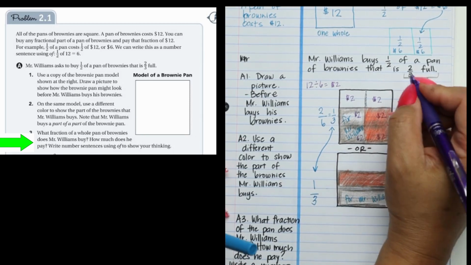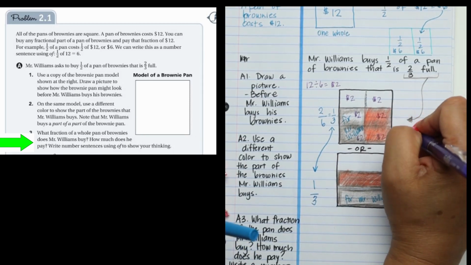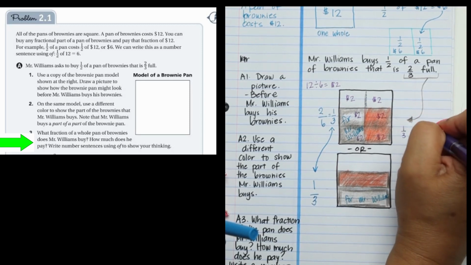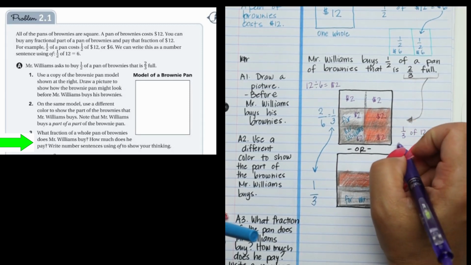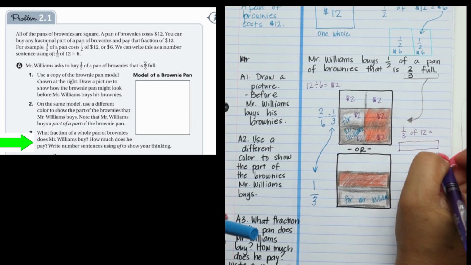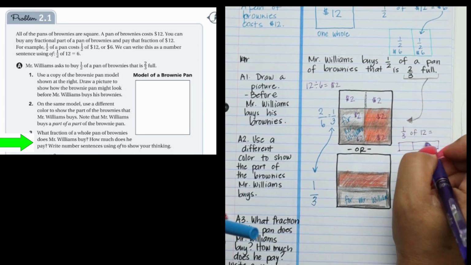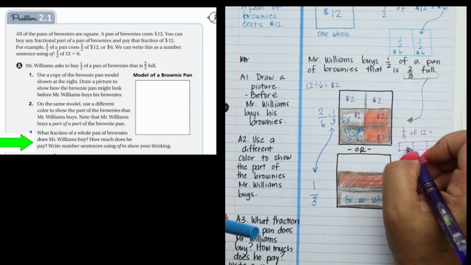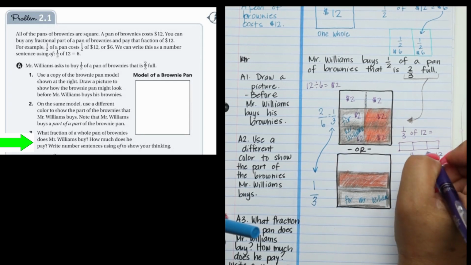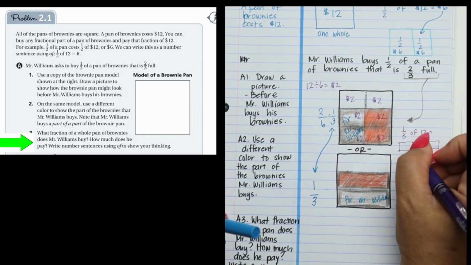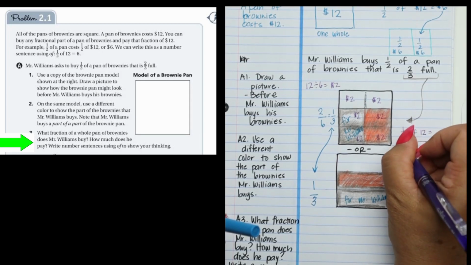Or you can write 1/3 of $12 equals, now when you look at a bar model, if this is 12 and you divide it into thirds, we know that each third is equal 4. And 1/3 is $4.